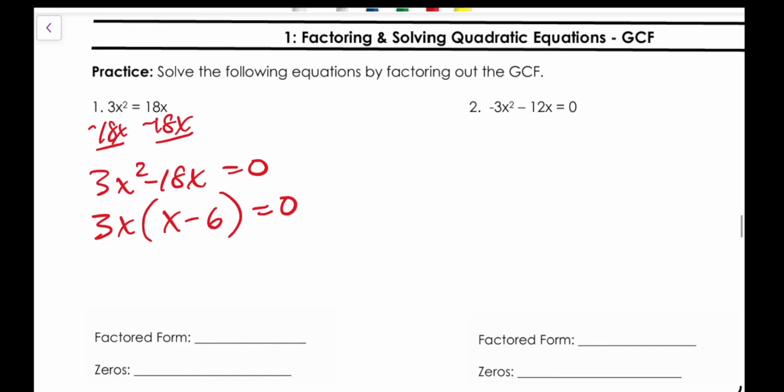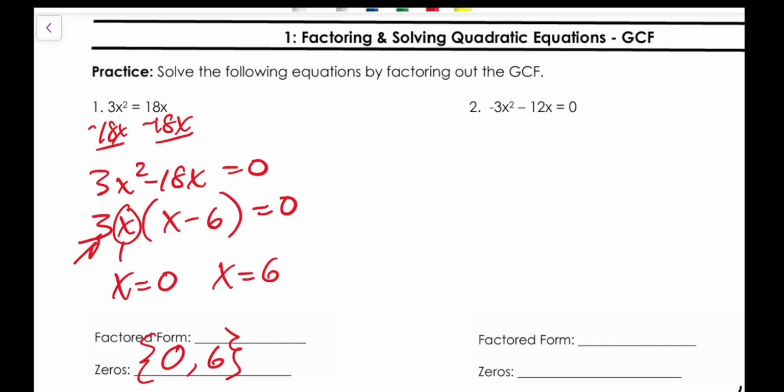And finally, use the zero product property to find the zeros. So there's a 0, x is 0. 3 has no effect on the zeros, and x minus 6 will become the opposite, positive 6. There are the zeros. Oops, let's not put them in parentheses. Let's put them in curly braces. That makes them a set.